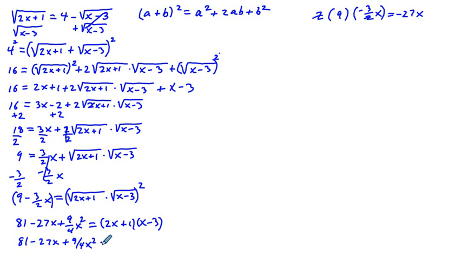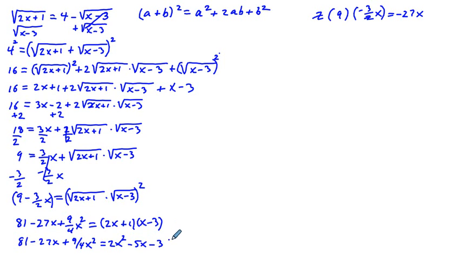On the right side we have 2x times x, or 2x squared, and then we have the middle term: plus 1x minus 2 times 2x times 3. It's going to be minus 5x, and then we're going to have negative 3 times 1, which is going to be negative 3.